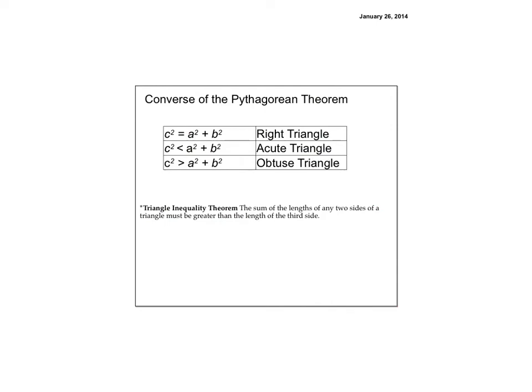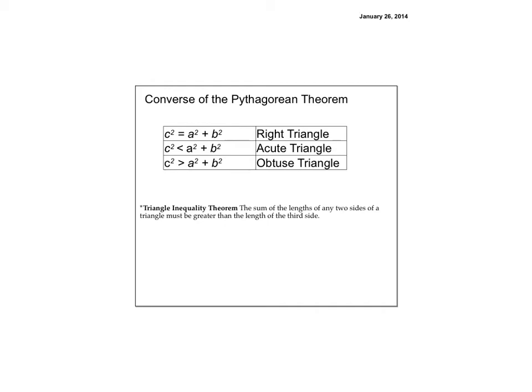All right, and the last piece of this lesson that we're going to talk about is called the converse of the Pythagorean theorem. So what this is, we're going to be given 3 sides of a potential triangle. The first thing you're going to do is test to see if it is, in fact, 3 values that could make a valid triangle. And then you're going to decide what kind of triangle it is given these inequality theorems.